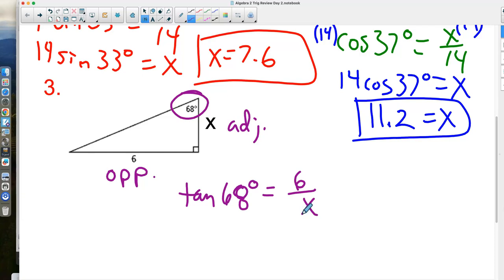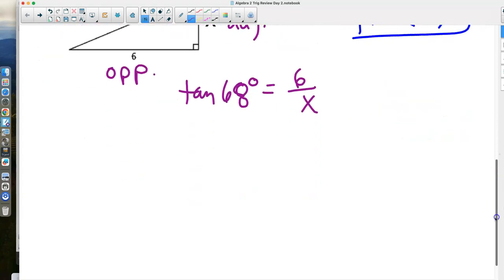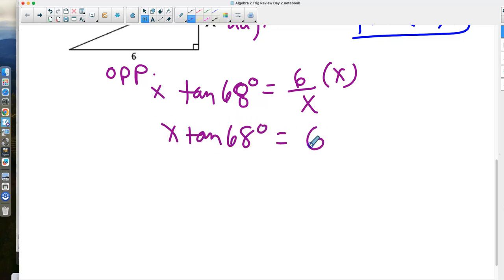Because you can't solve for a variable that's in the denominator. Can't do that. So the first thing we have to do is get it out of the denominator, get it out of the basement. We're going to have to multiply both sides by x. Then divide by the tangent of 68.